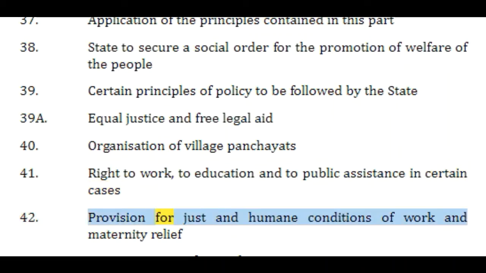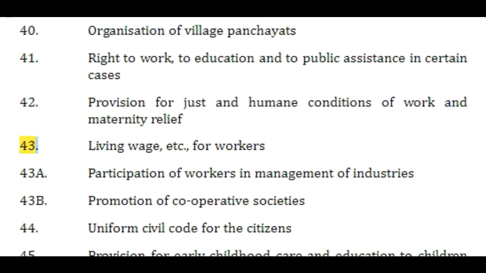42. Provision for just and human conditions of work and maternity relief. 43. Living wage, etc. for workers. 43A. Participation of workers in management of industries. 43B. Promotion of cooperative societies. 44.